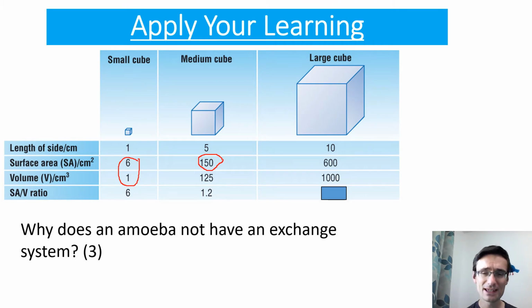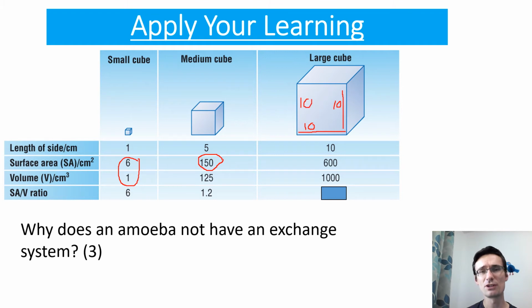And then the same here for 10. You've got 600, which is the surface area, because you've done 10 times 10, so 10 squared, to work out the area of one side. Just double make sure you're happy where I'm getting these numbers from. 10 multiplied by 10 there, but there's 6 sides, and that only gives you the surface area of one side, so 100 is the surface area of one side.